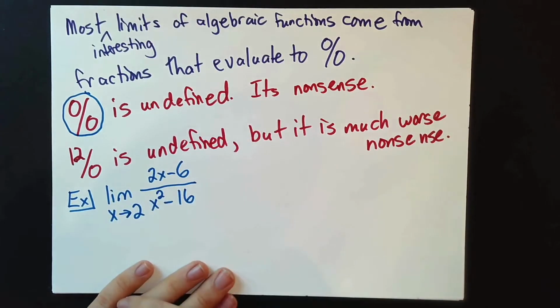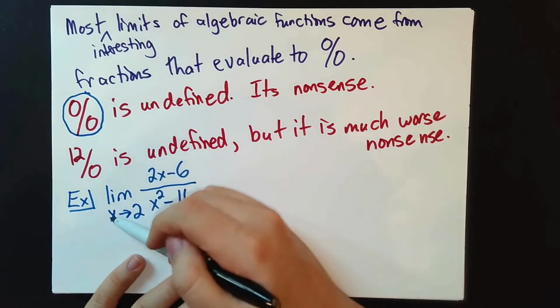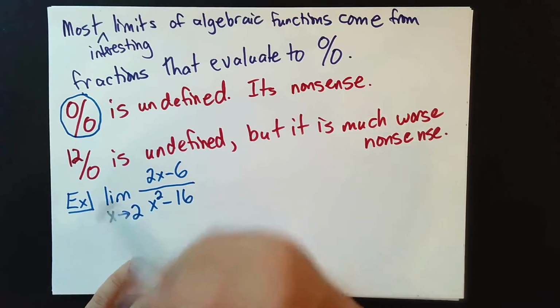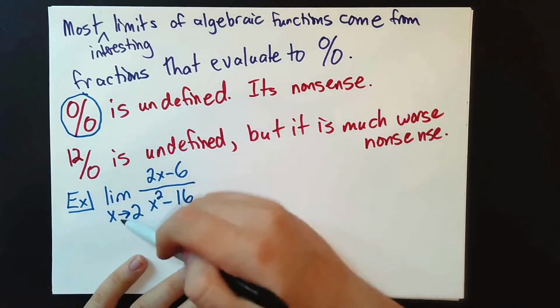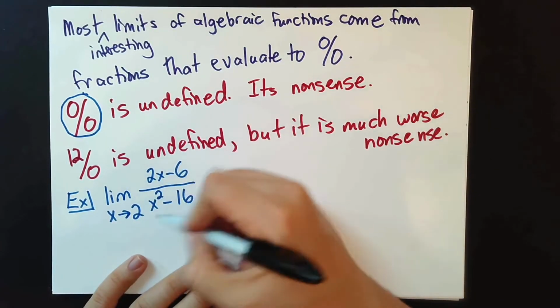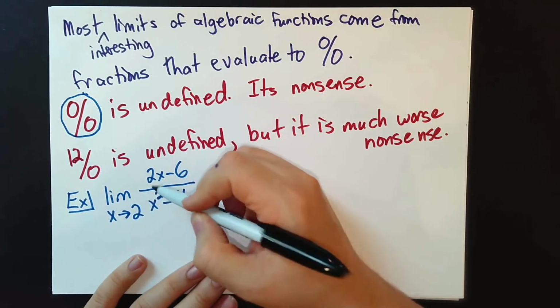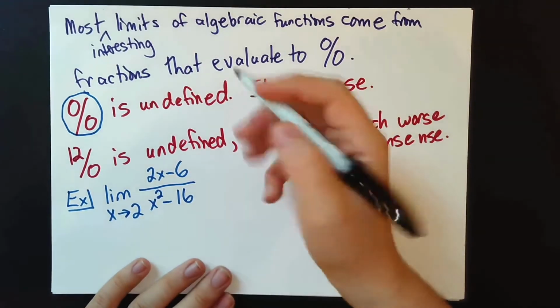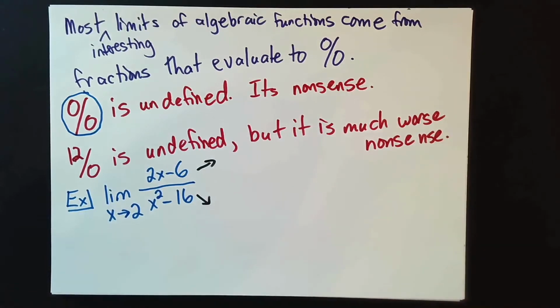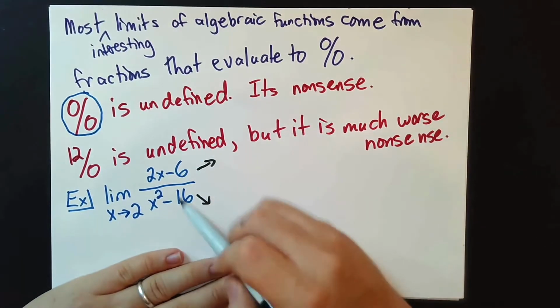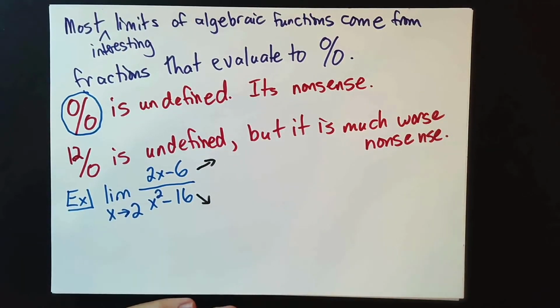What this is asking me is, if I plugged in a number really close to 2, like 1.99 or 2.003, in for x, what would this be really close to? The best way to think about any time fractions come up is to separate what happens to the numerator and what happens to the denominator.